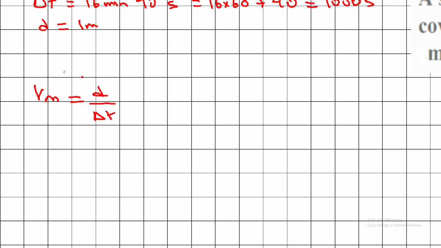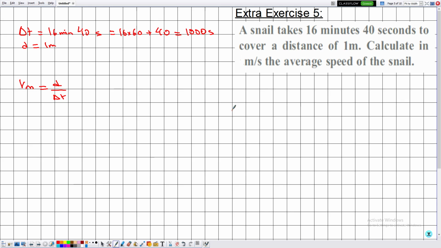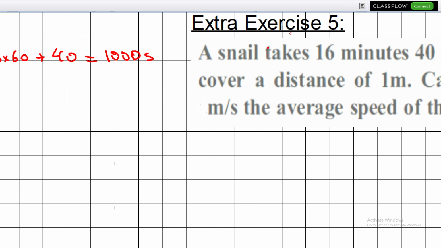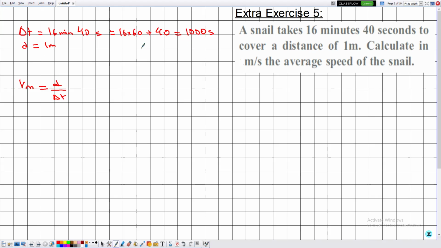Before we calculate this value, recall that in the beginning of part 2 of chapter 3, we defined the speed as a measure of how fast an object is moving with respect to time. So if we are talking about the average speed of a snail, we expect that this number will be very small because we know that a snail moves at a very low speed.